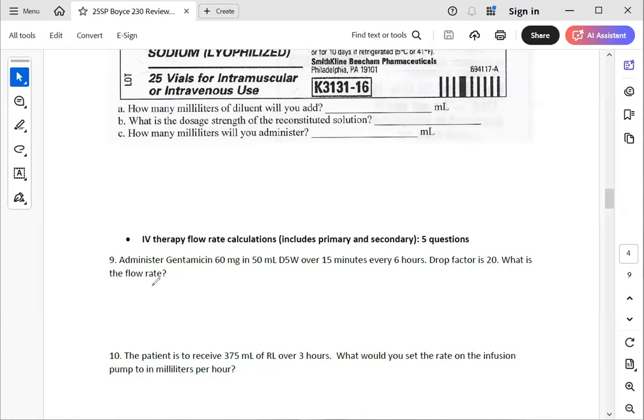So it tells us that we have gentamicin, 60 milligrams in 50 milliliters dextrose, 5% water. It's infusing over 15 minutes every 6 hours, gives us a drop factor, and we want to know what the flow rate is. So, a couple things. When they just ask you for the flow rate or the infusion rate, typically they're looking for mL per hour.